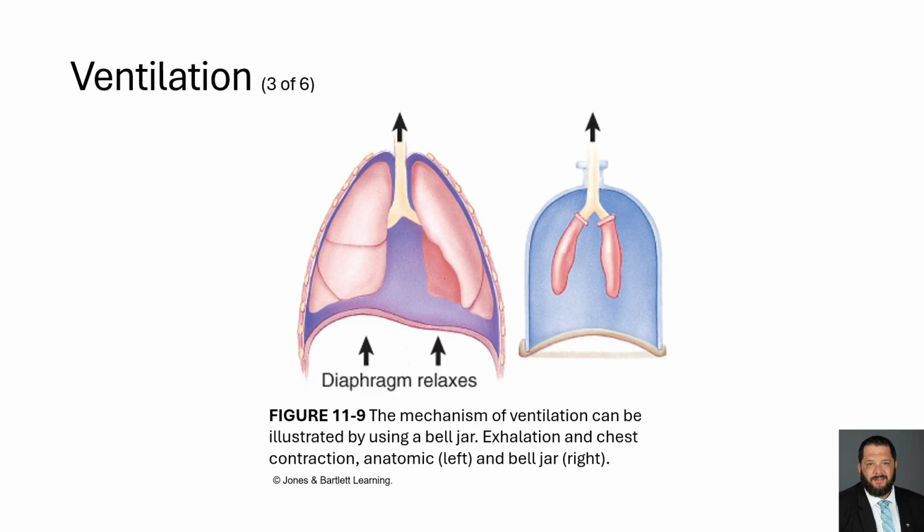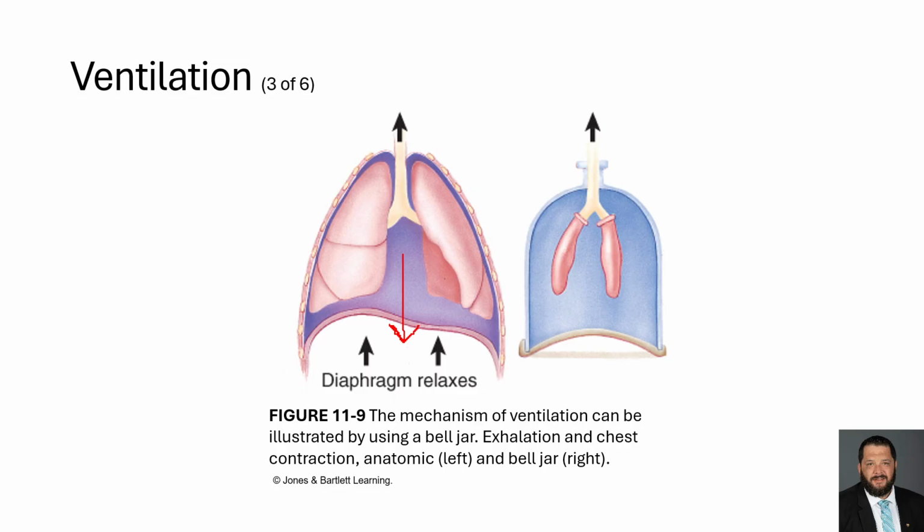During inhalation, the diaphragm will contract. Remember that inhalation is the active process. Inhalation causes the diaphragm to contract and move downward away from the thoracic cavity towards the abdominal cavity, thus expanding the volume of space within the thoracic cavity.